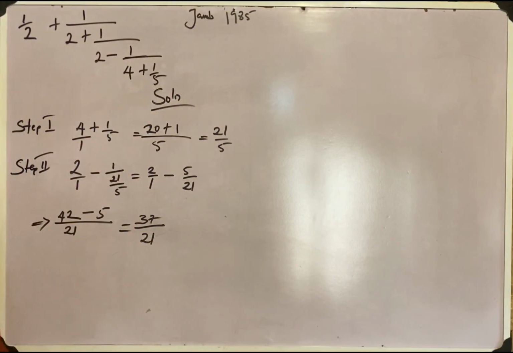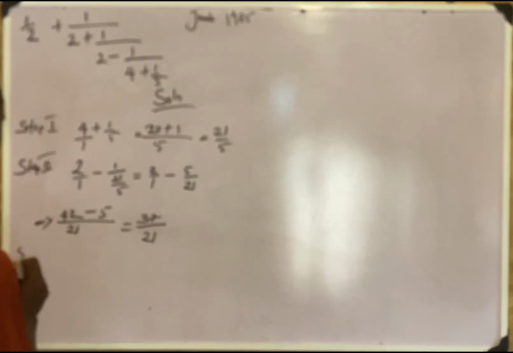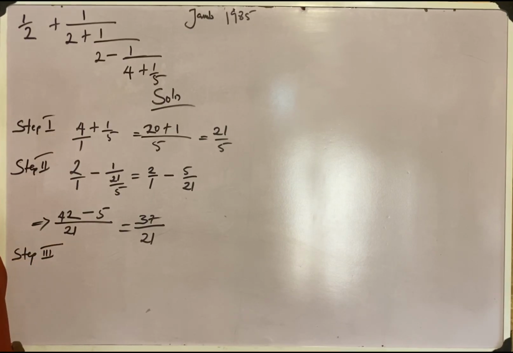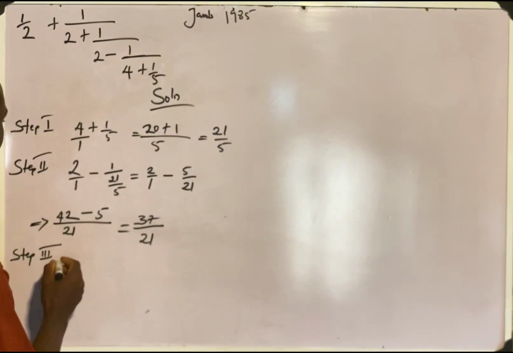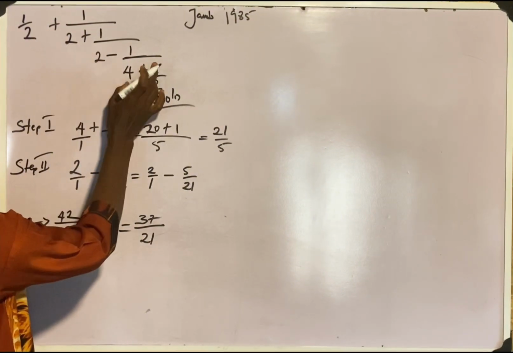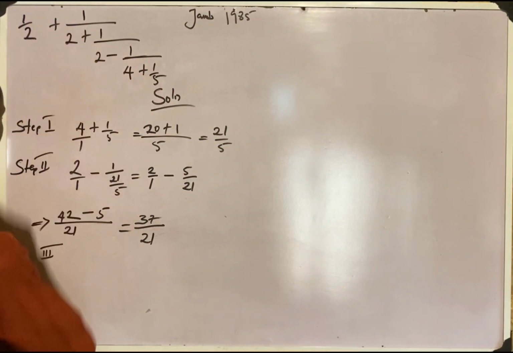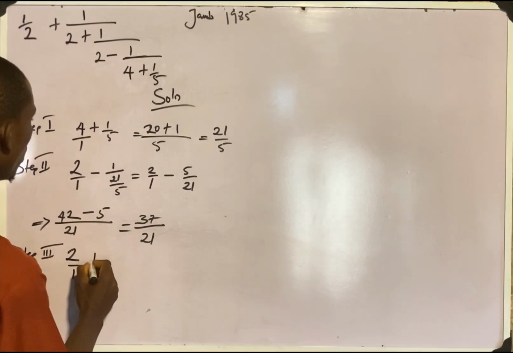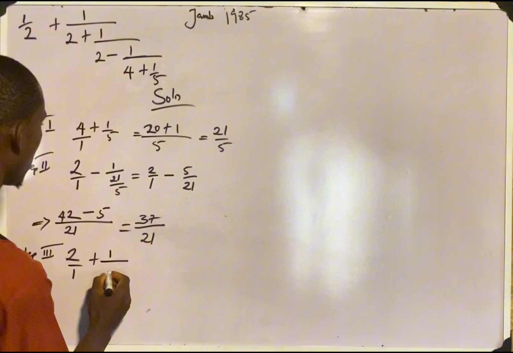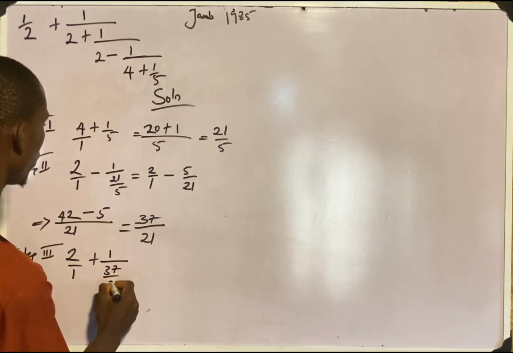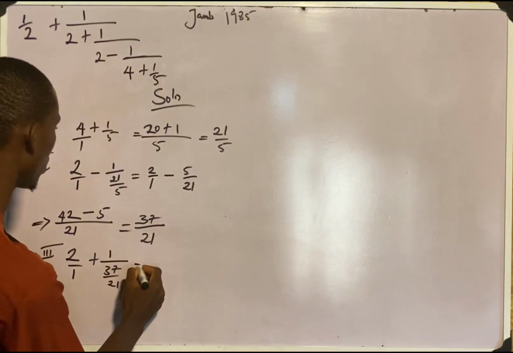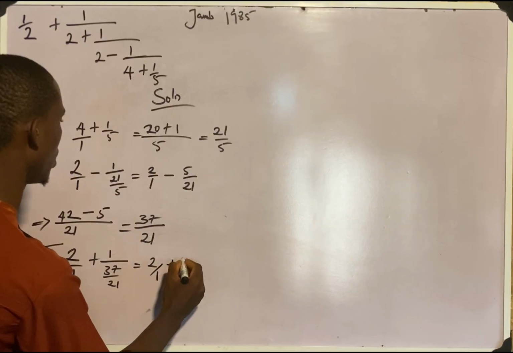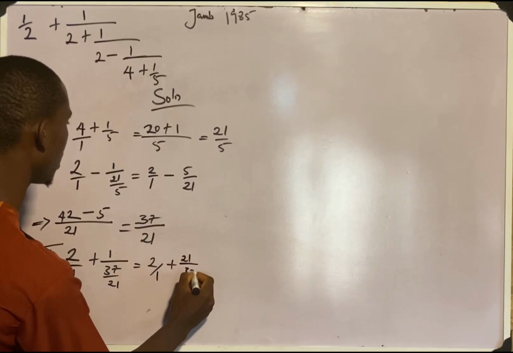Then we go to our next fraction, which is step 3. This is step 1, step 2, step 3. So that is 2 over 1, right? Plus 1 all over 37 over 21, which we know is equal to 2 over 1 plus 21 over 37.